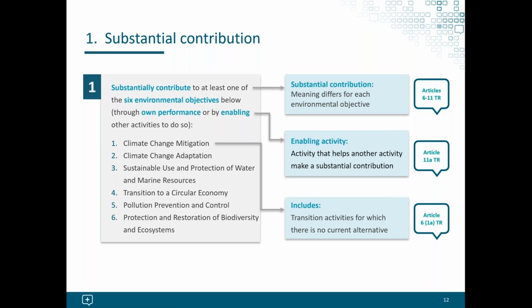And in the context of climate change mitigation specifically, transitional activities which have no feasible low carbon alternative and which support the transition to a net zero economy are also covered. So, for example, hybrid cars are covered until 2025, after which they will no longer be covered.